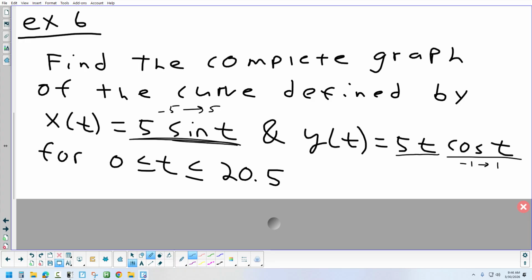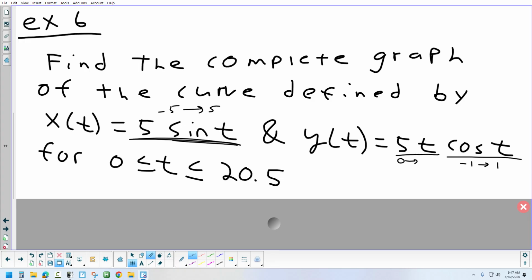So what numbers are you plugging in for t? 0 to 20.5. So if you plug in those numbers for t and multiply them by 5, what's the smallest value you could get? Yep. 0. So the smallest that this part could ever be is 0.